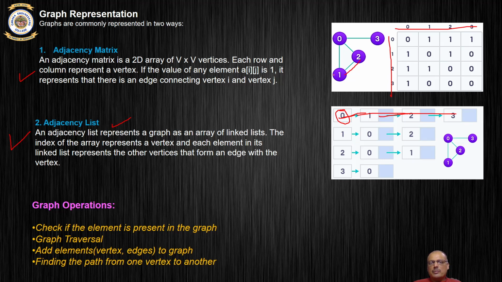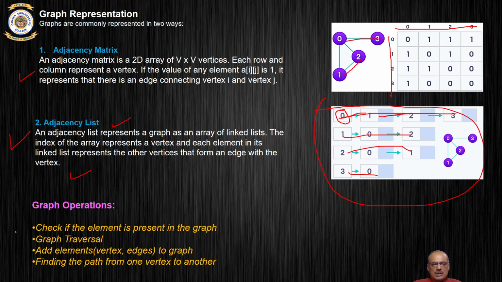It need not be in the same order, but it's valid as well. So node 1 gets connected to 0 and 2, node 2 gets connected to 0 and 1, and node 3 is only connected to 0. So I can have a linked list in this fashion in order to represent a graph, and that particular linked list is called an adjacency list.